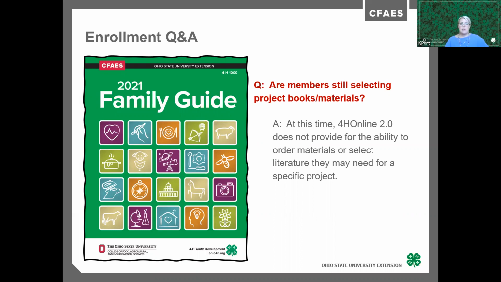I did speak with the developer about this, and there's a very few states, Ohio being one of them, that really utilized that feature in 1.0. Most states never really utilized the feature of being able to choose project books and materials. It just never was really utilized.